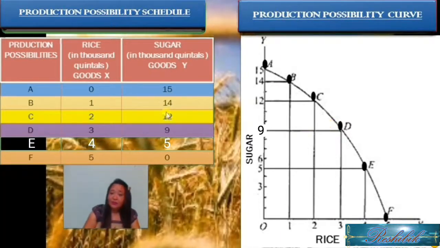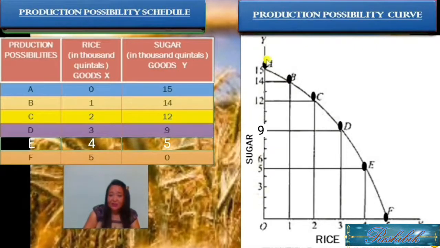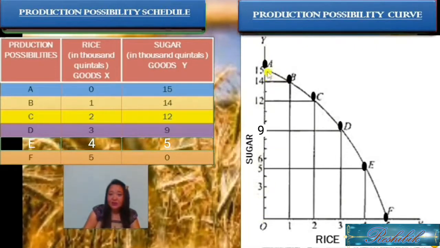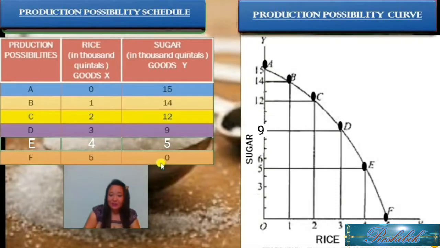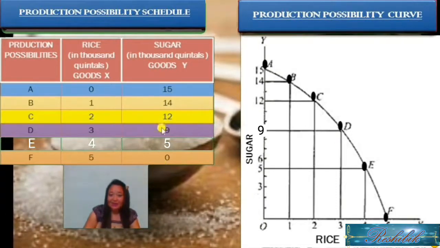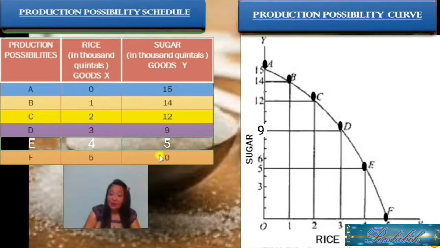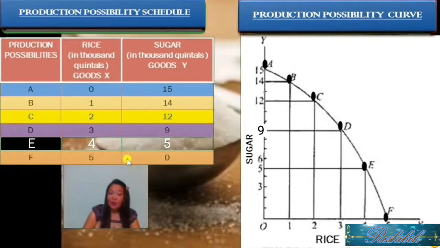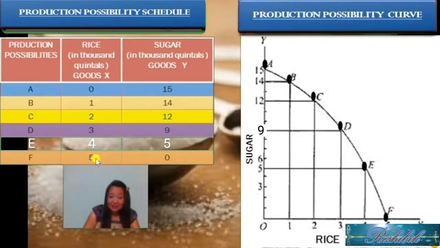What did we notice here? We noticed that there is a continuous sacrifice in the production of sugar. Let's see in the schedule. Can you see this schedule here? The sugar column. What are we noticing here? We notice there is a continuous sacrifice in the production of sugar, and when there is a continuous sacrifice in the production of sugar, there was a continuous increase in the production of rice, isn't it?